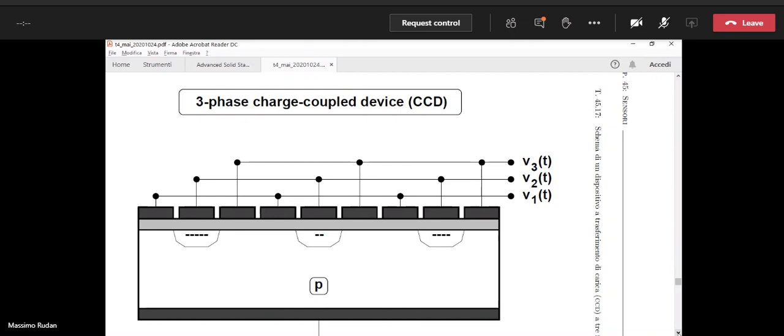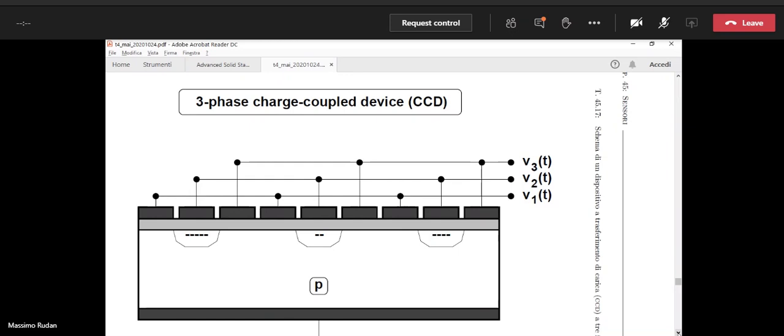So now consider this situation. This situation is such that phase 2 is at high voltage, okay? Phase 1 and phase 3 are at low voltage.